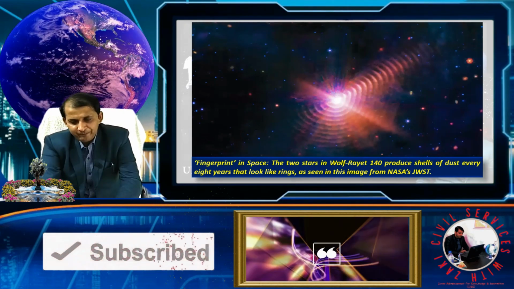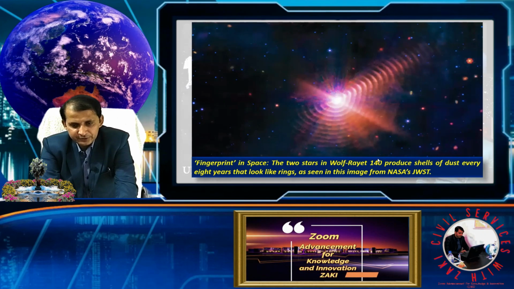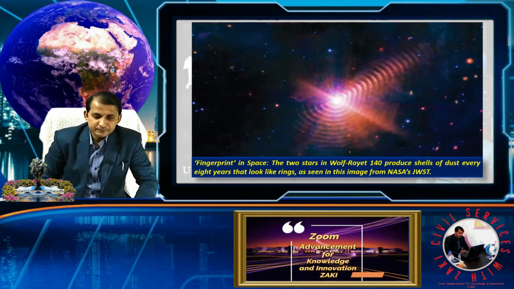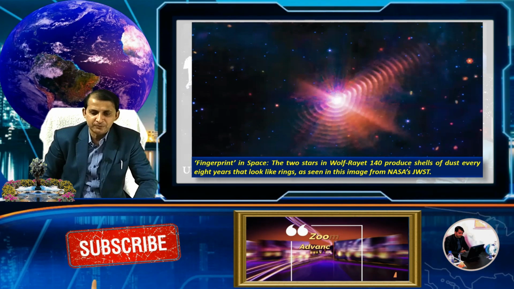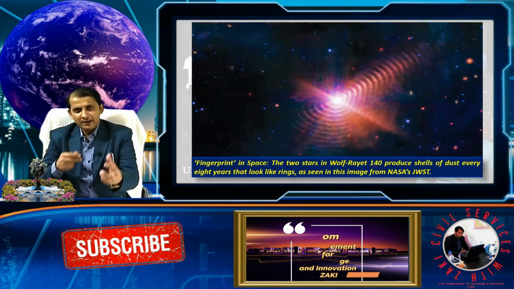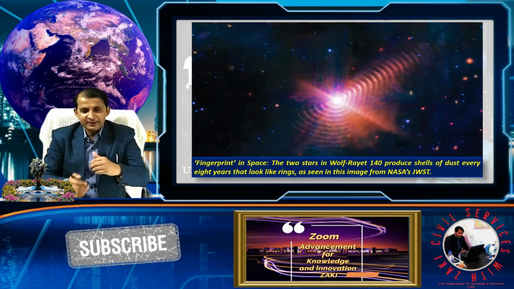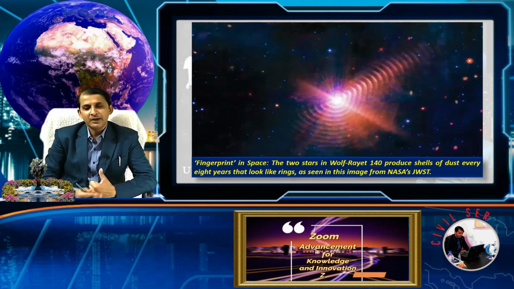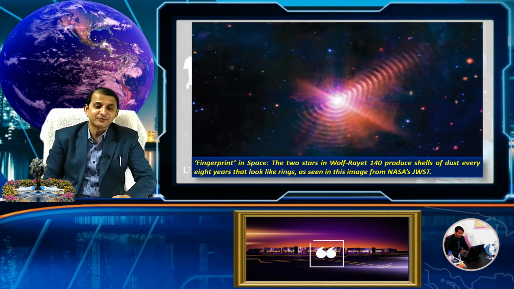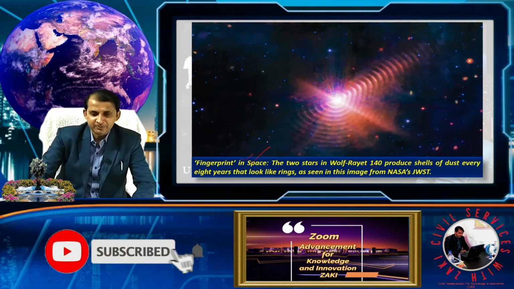If you see here, Wolf-Rayet 140 produces shells of dust every 8 years, because it is a binary star system and the stars come together and create this kind of situation, so it looks like fingerprints. That's why it is also known as the cosmic fingerprint or fingerprint in space.